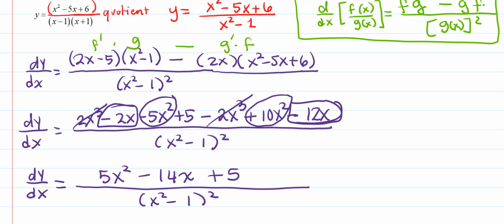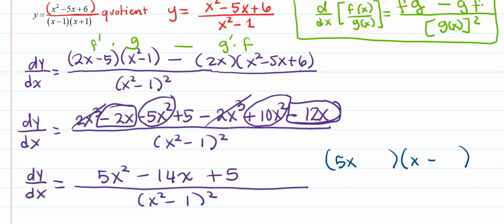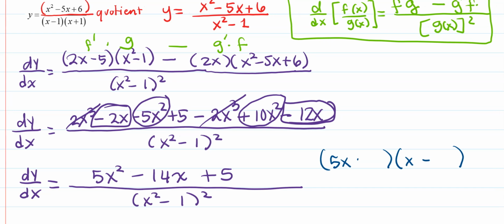Okay, the question is, can we factor any further? Maybe, maybe not. Let's see. If we try to factor, we will have 5x, and then we'll have x. That is a plus 5, so the signs better be negative and negative to make a negative in the middle.